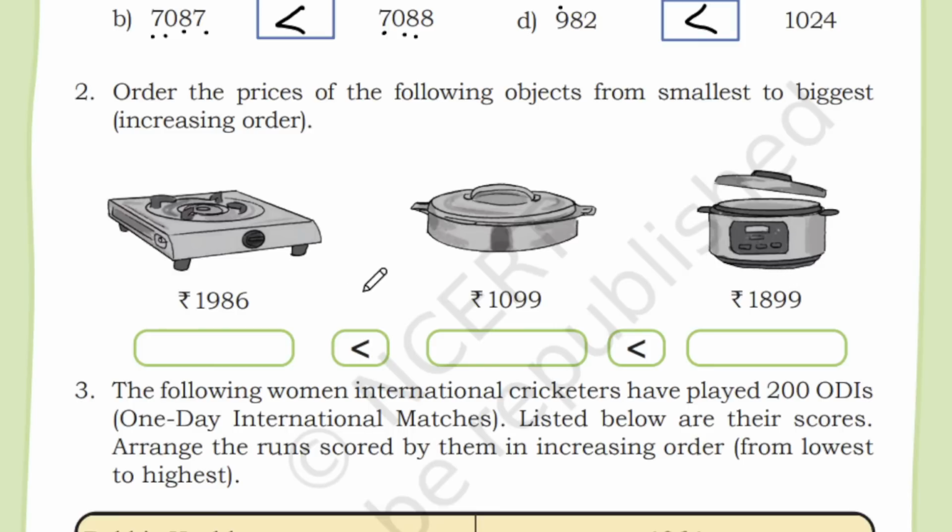So which one is bigger? The first, smallest one is this one, 1099. The next one is 1899, and the biggest one is 1986.